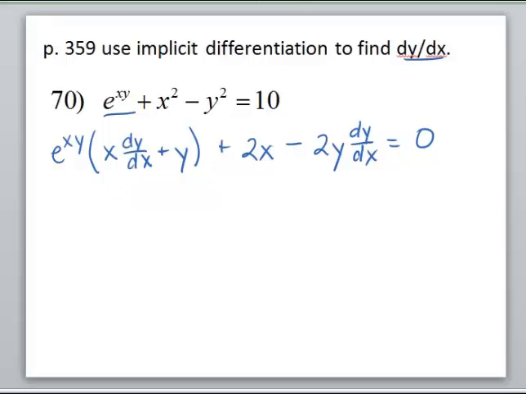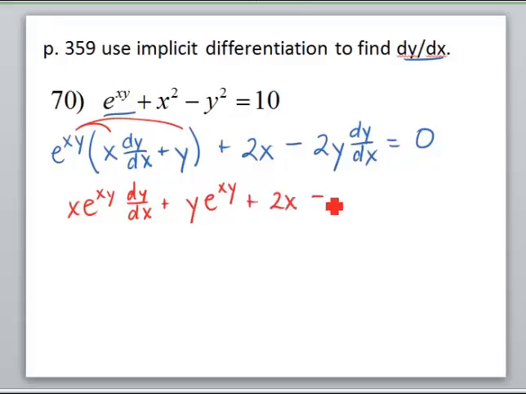So the next thing I'm going to do is distribute this out. And I end up getting x e to the xy dy over dx plus y e to the xy plus 2x minus 2y dy over dx equals 0.